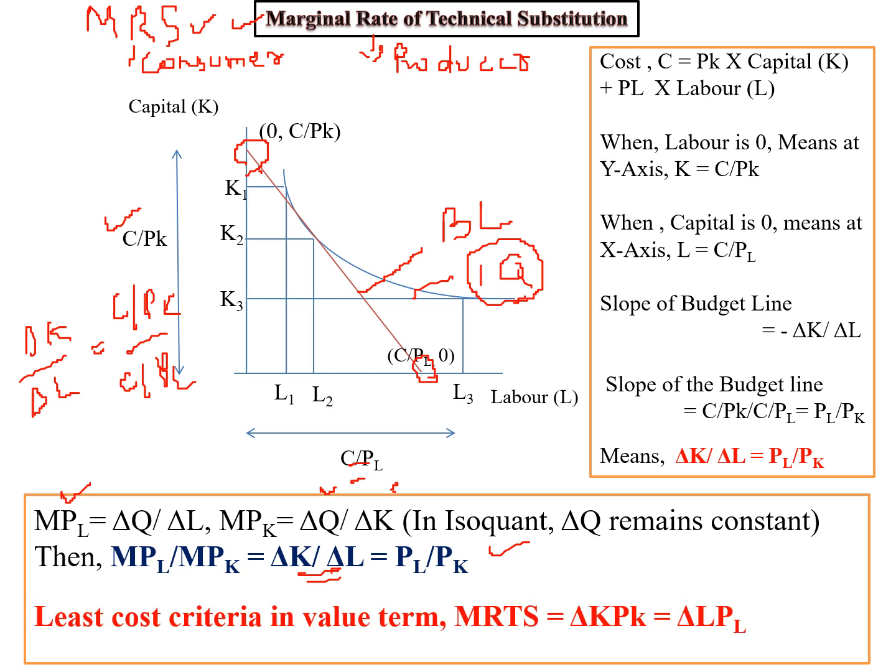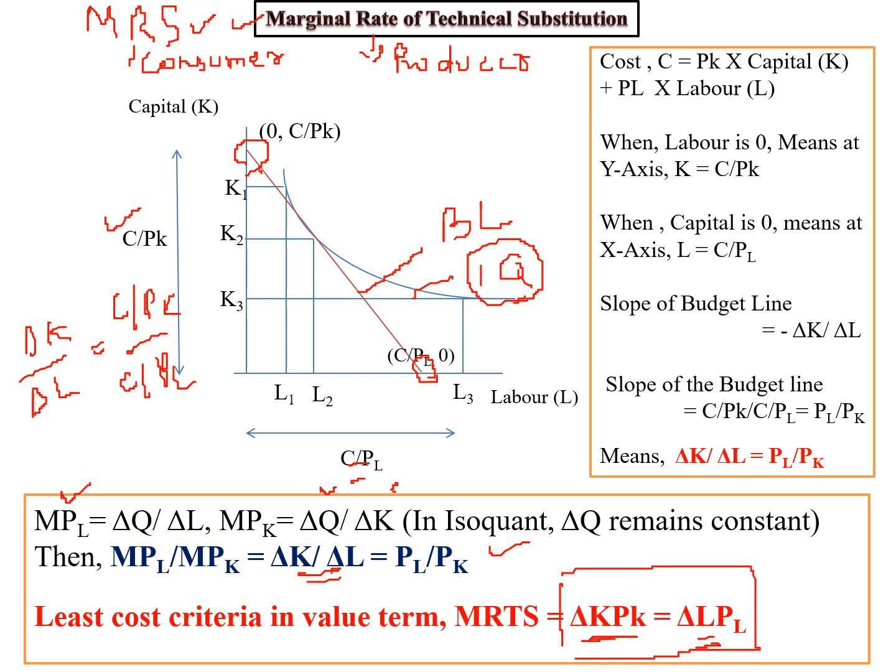So the least cost criteria in value terms, or you can say the minimum optimization condition of marginal rate of technical substitution by which you will get maximum revenue for the organization, is delta K into Pk or delta L into PL, or are both the same?